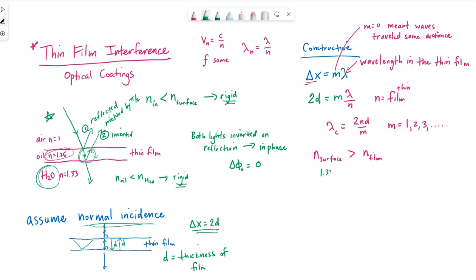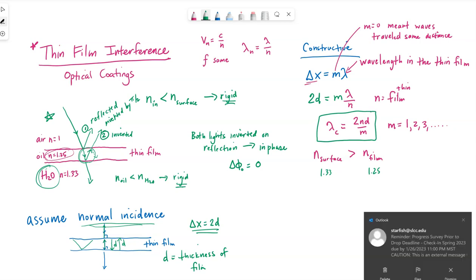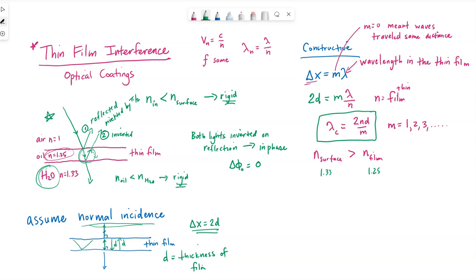So 1.33 for the water was greater than the 1.25 for the film. In that situation, to get constructive interference, we end up with this equation for the wavelength that will constructively interfere. So that's what this represents.